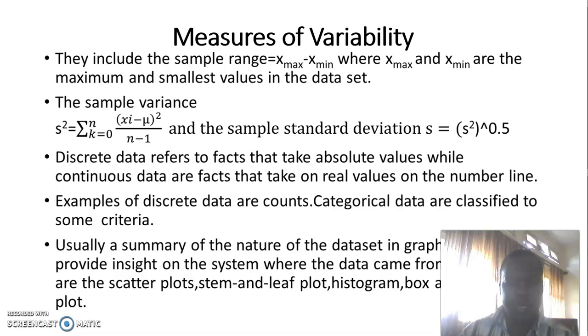We also need to understand the types of data. We have two main types of data: discrete data and continuous data, where discrete data refers to facts that take whole numbers on the number line, while continuous data takes facts on the number line which are real values.